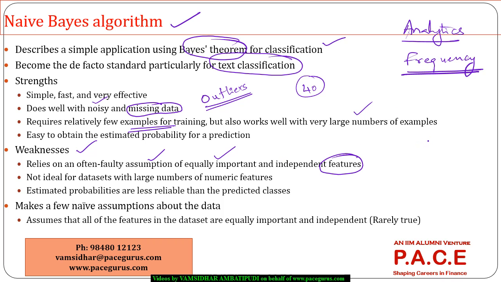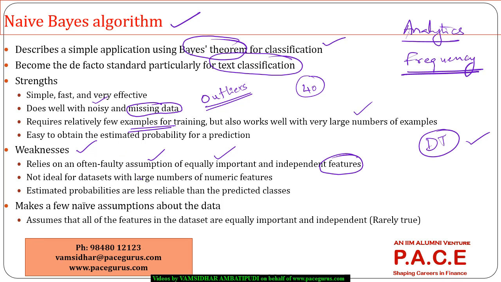Later we will be talking about other classification algorithms, such as decision tree algorithms, where I can see that some variables are more important compared to others. Here the basic assumption is that all the variables are equally important and there is no correlation between the variables. All the variables are fully independent. This is another major assumption. So if the variables are highly interlinked or highly correlated, this model will not provide the necessary objectives.